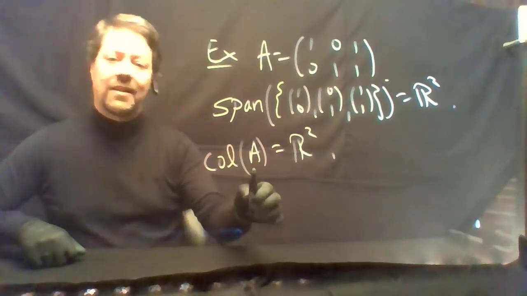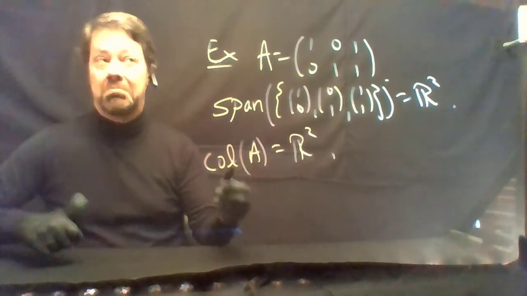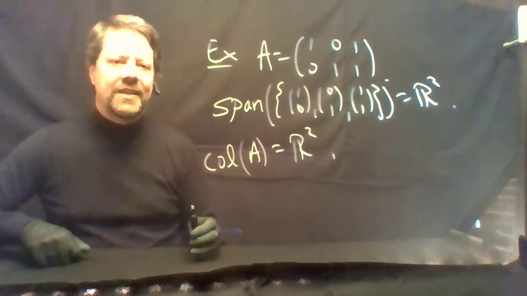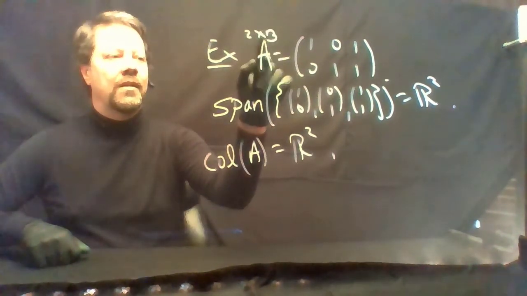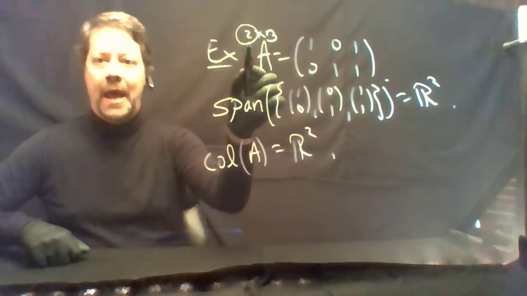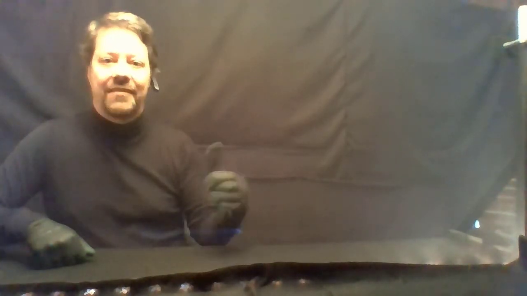Now, that means the column space is a subspace of R2. Is the column space always a subspace of Rm? The answer is yes. We've already proved that the span of a bunch of vectors is a subspace.